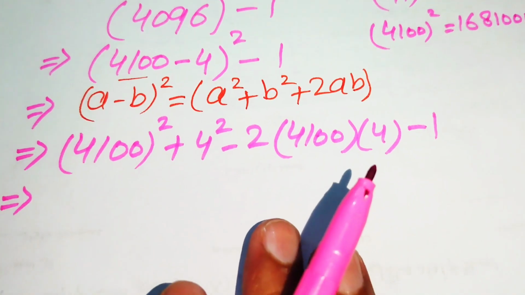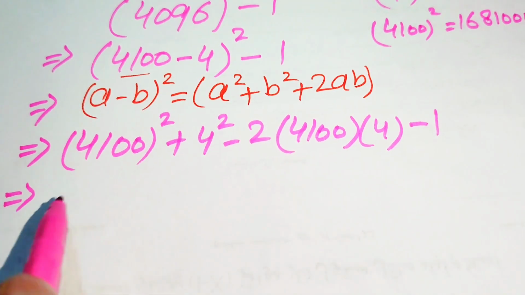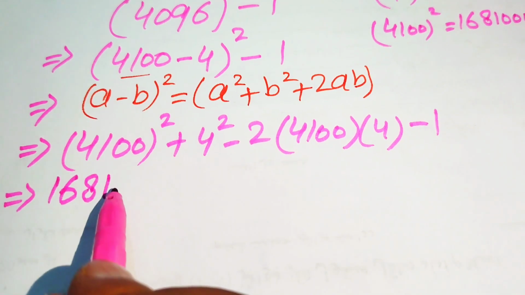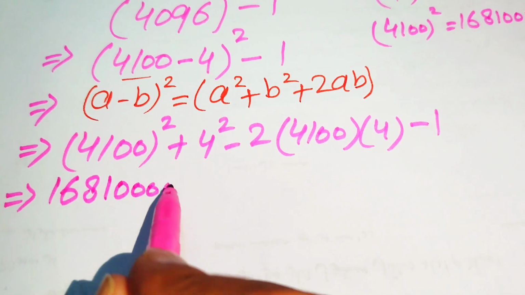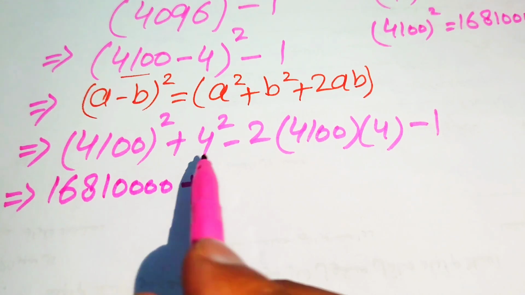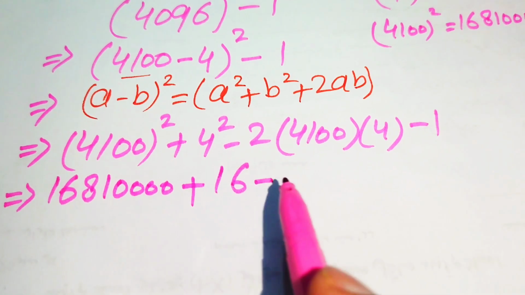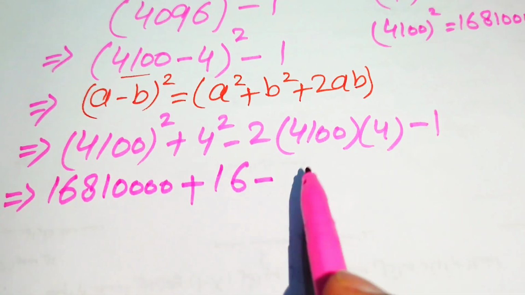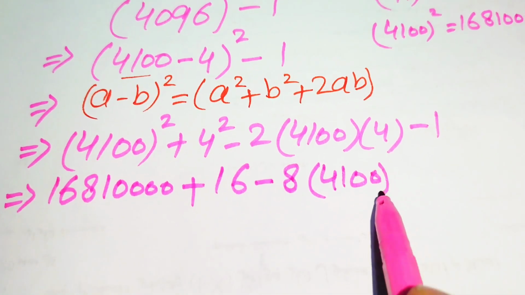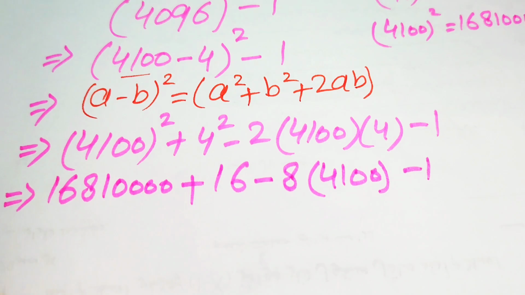So we replace the square term here and write it as 1681 and 4 zeros, plus the square of 4, which is 16, minus here we multiply this 2 by 4 and we get 8 times 4100, and this is minus 1.